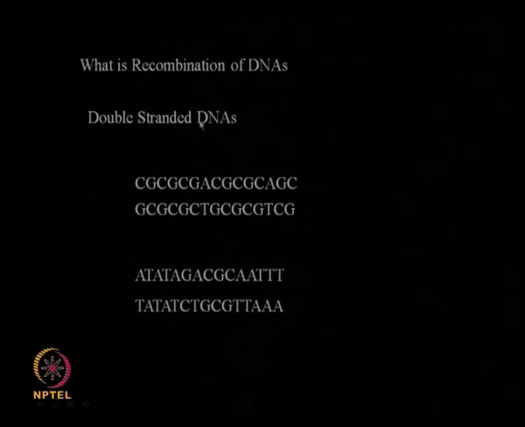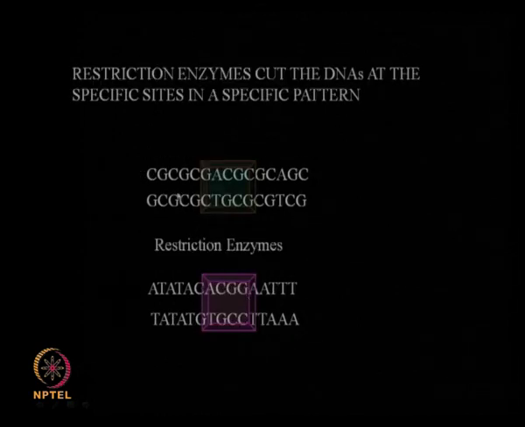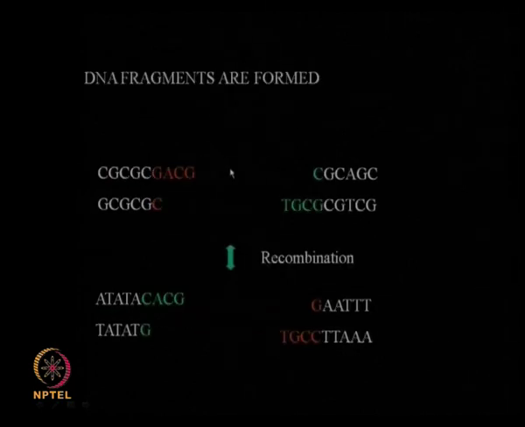You have double stranded DNAs, like this is one double stranded DNA, another double stranded DNA. You may have a restriction site here, an enzyme may find a restriction site and then cut it at the proper place. For example, take these two sequences, you have a restriction site here, you have a restriction site here, and then the enzyme when you apply it may cut it in a proper manner like this.